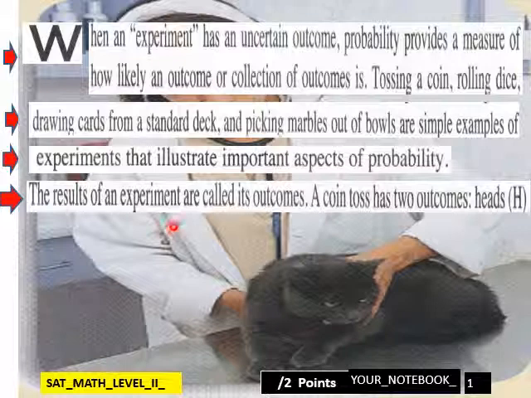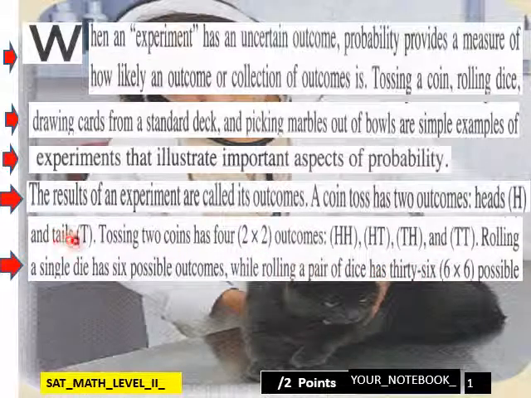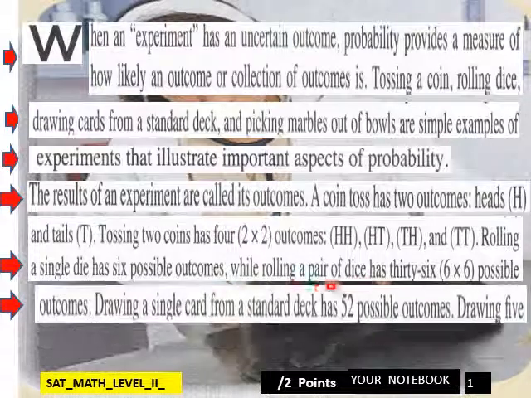The results of an experiment are called its outcomes. A coin toss has two outcomes, heads and tails. Tossing two coins has four outcomes: heads-heads, heads-tails, tails-heads, and tails-tails. Rolling a single die has 6 possible outcomes, while rolling a pair of dice has 36 possible outcomes.